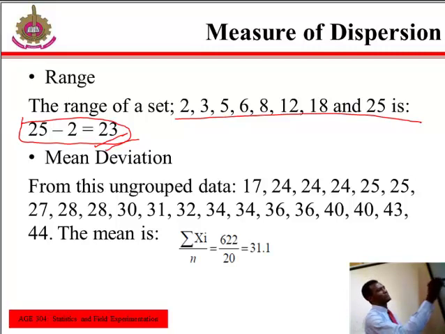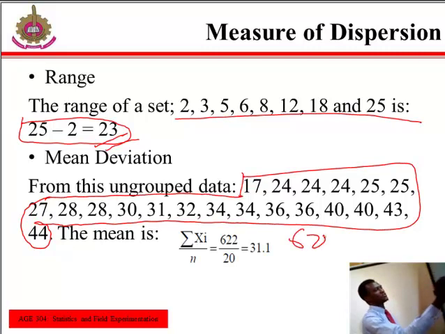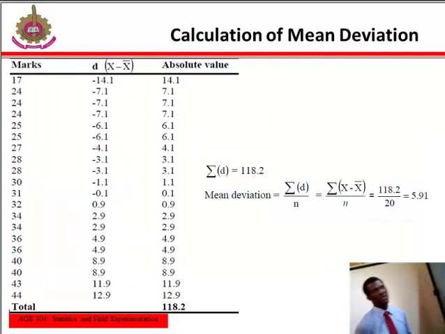Hence we have the addition of all these given numbers to be 622, then divided by the number of observations, which is 20, then we have 31.1.